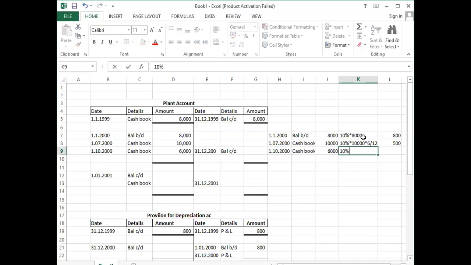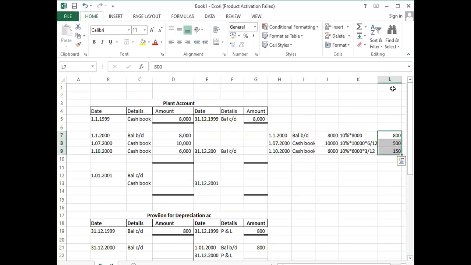Multiplied by, what is the value? 6,000, right? Then multiplied by, for how long has it been in operation? 1st October to 1st December that year. How many months are those? 3. So 3 divided by 12, right? How much do you get? 150. True or false? True.